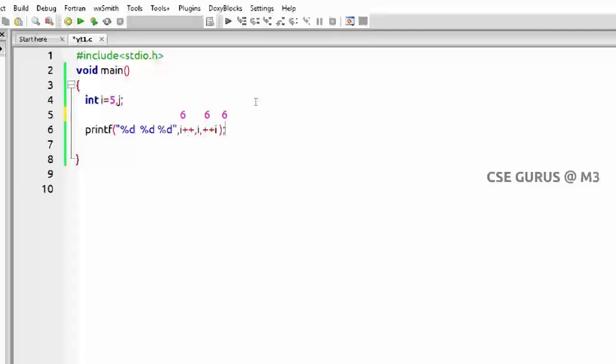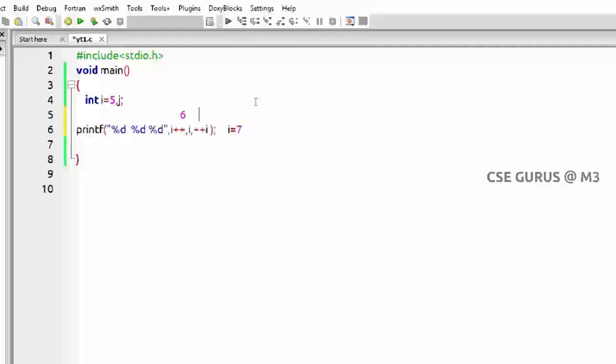Plus plus, so the I value will become 7 now, right? Now the replacement will happen wherever you have plus plus I. It won't replace for I plus plus. Why? Because it's a post increment. Pre means the final I value will be replaced wherever you have plus plus I. So here plus plus I is there.